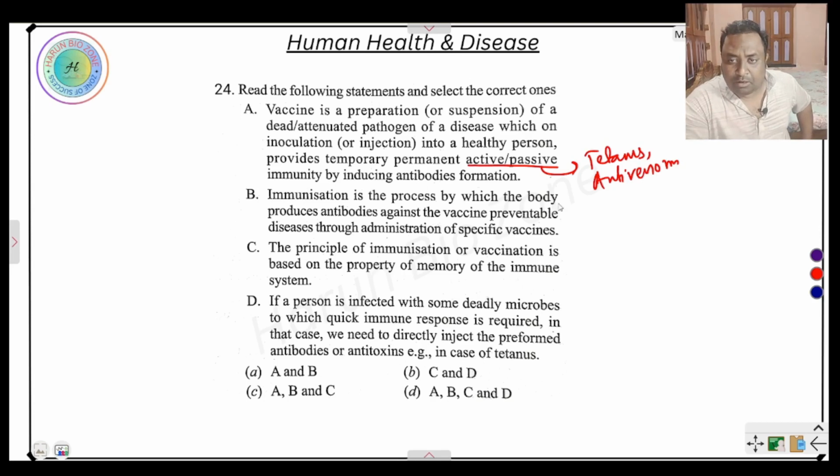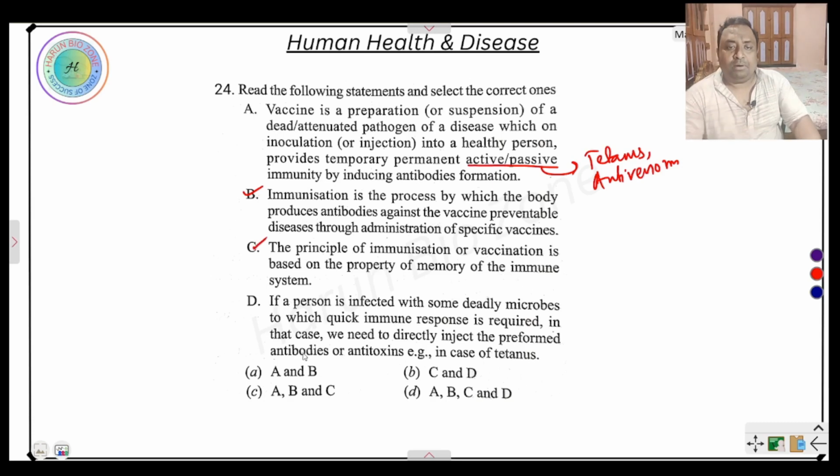Immunization is the process by which the body produces antibodies against a vaccine preventable disease through administration of a specific vaccine. The principle of immunization or vaccination is based on the property of memory of the immune system.